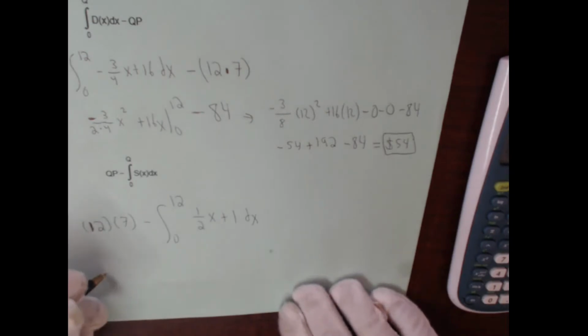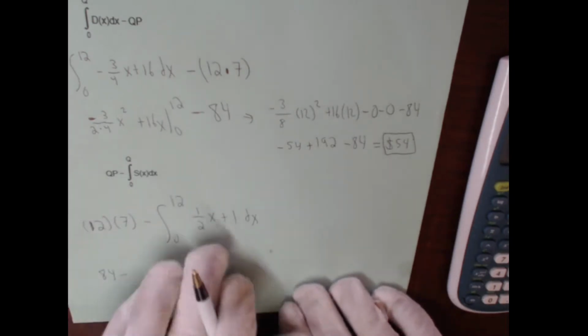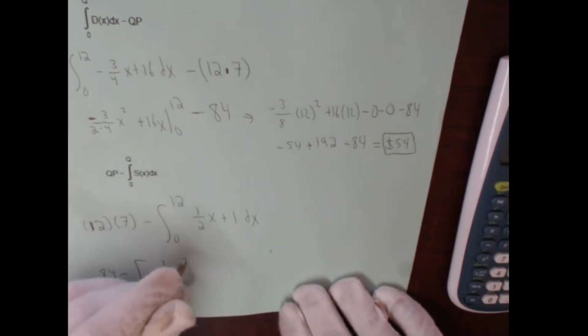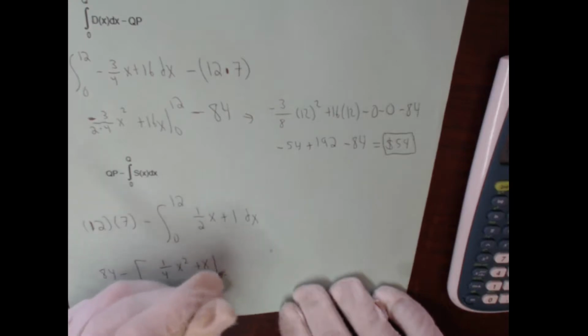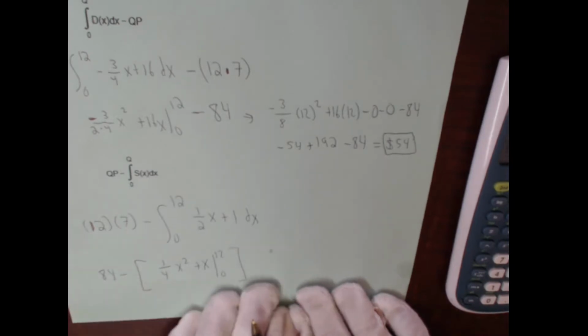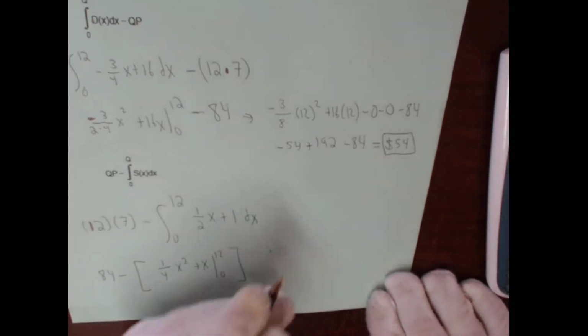So that's going to give us the producer surplus. So that's going to be 84 minus the integral of this, which is going to be, careful with your brackets here, 1/4 x squared plus x evaluated from 12 to 0. And notice how I put that whole thing in parentheses because we'll need to apply this minus sign to everything. All right, let's do that.